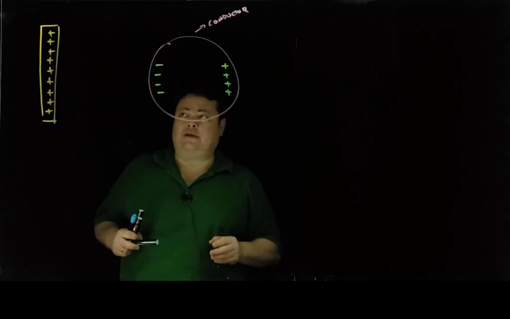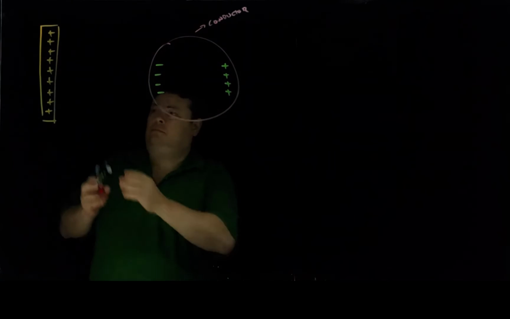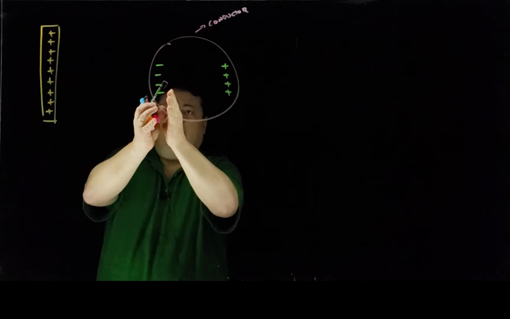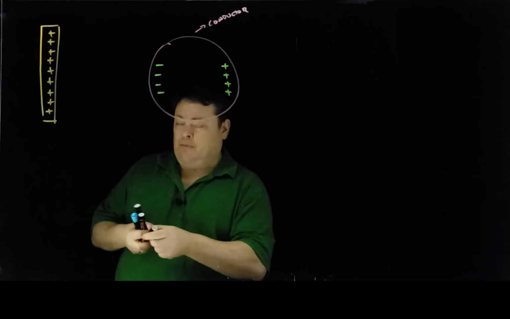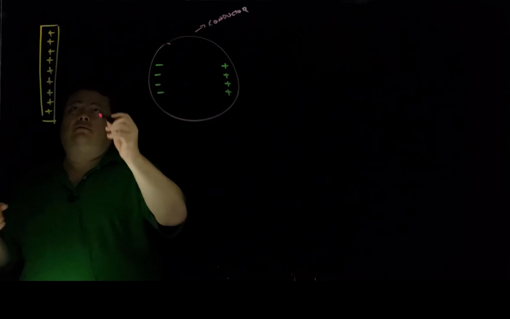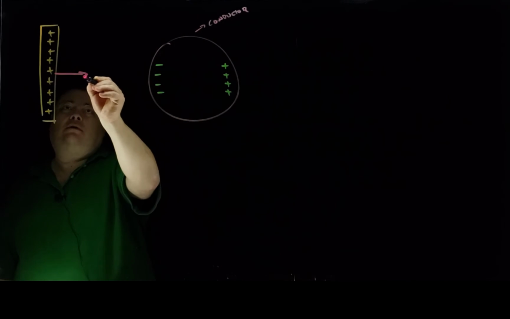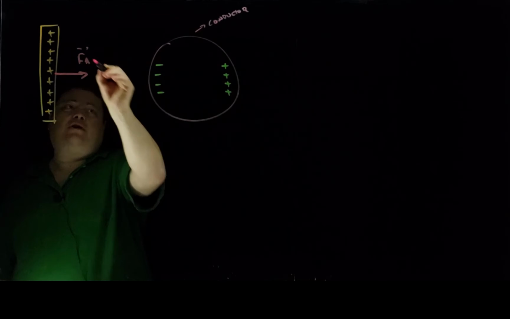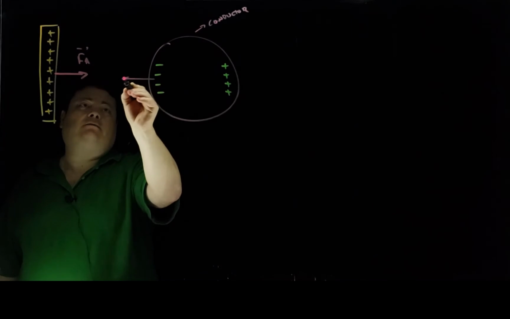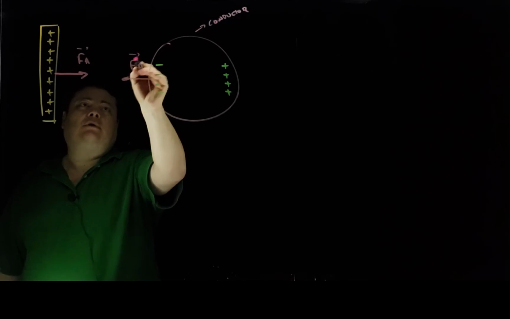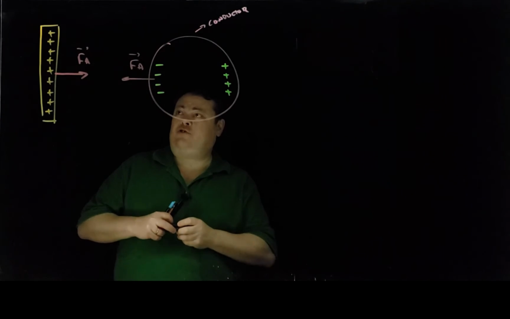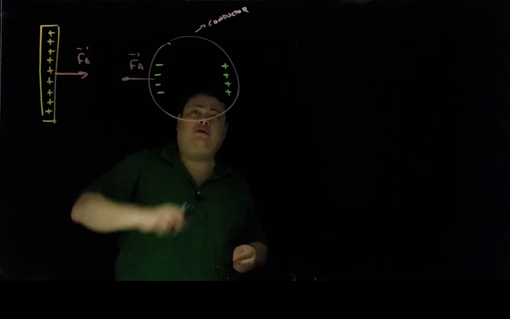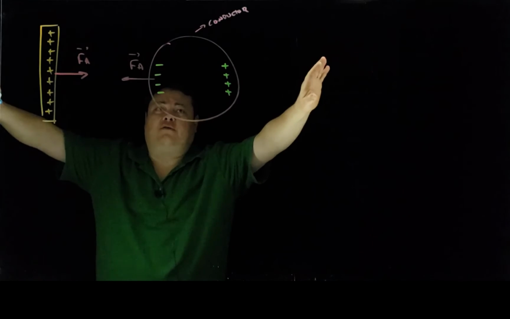Now, notice this. Between this positive charge and the negative charge, there will be an attraction force. So I'm going to have in here an attraction force and an attraction force. And between the positive charge and the other positive charge, we're going to have a repulsive force.